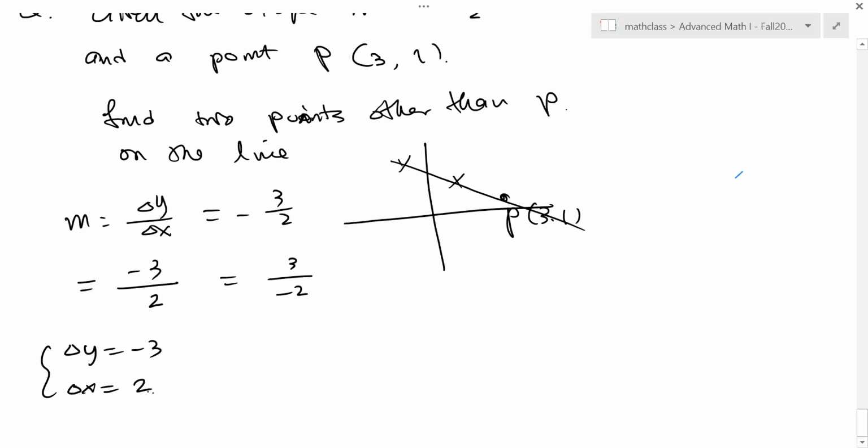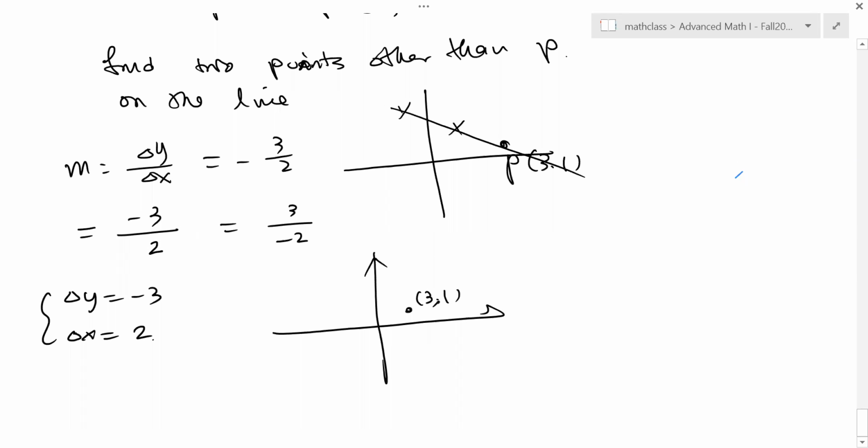So delta y is -3 means we are going to go down by 3 steps. Okay, so here's 3 and 1. The next point is the one we're going to use to calculate the slope, right? So delta x is +2 means you have to go to the right by 2 steps, and -3 means go down by 3 steps.